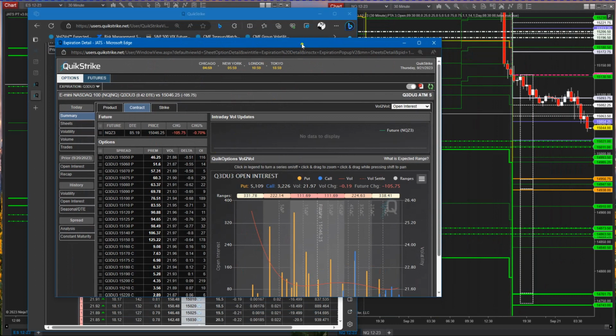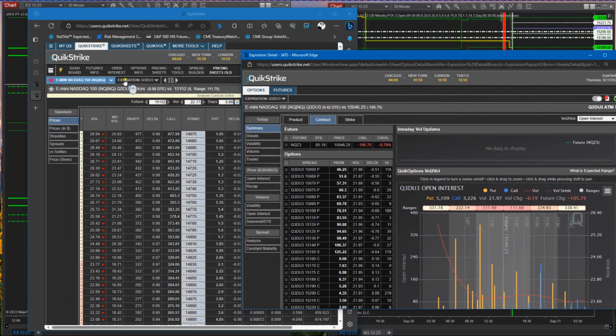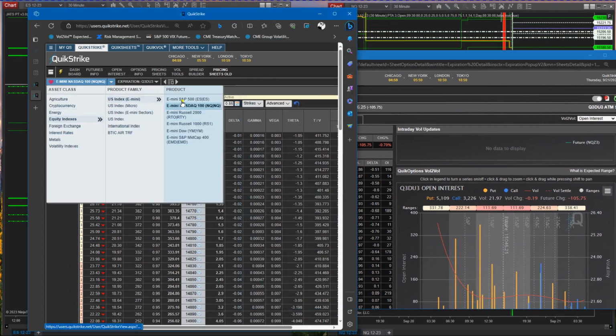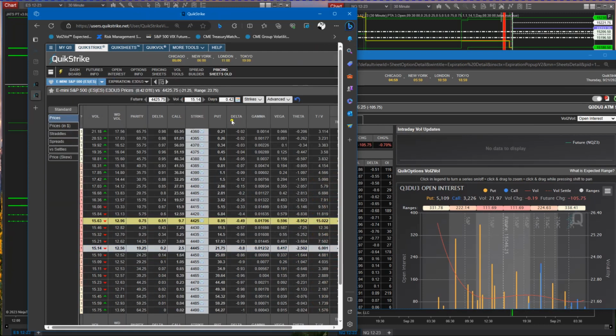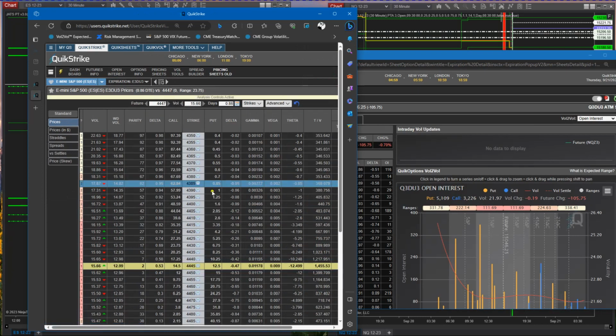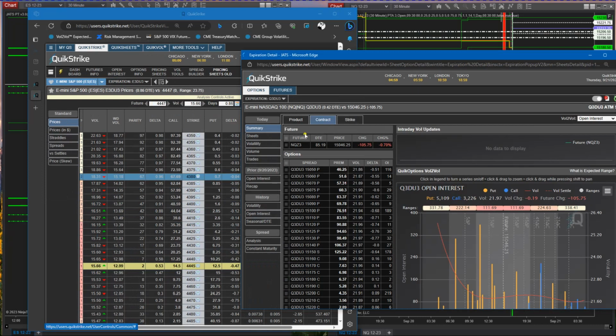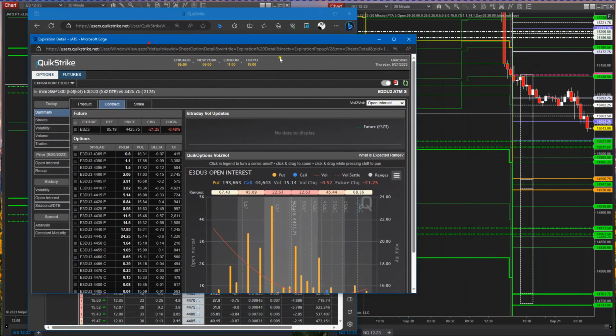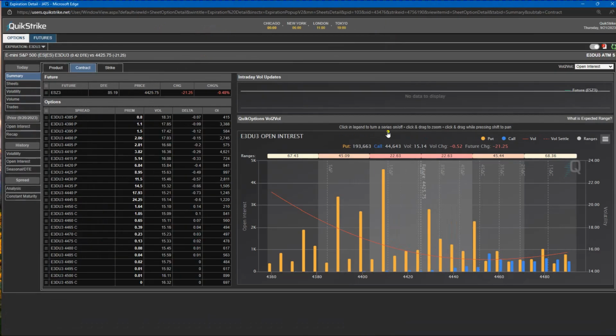And let's take a look at the ES real quick. Come back, change this to the ES. And you can see here we're at the 44.25, 44.30, and we're going to be moving down quickly to that 44.10.